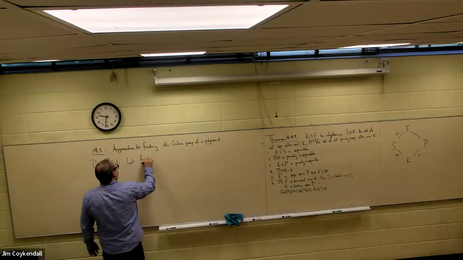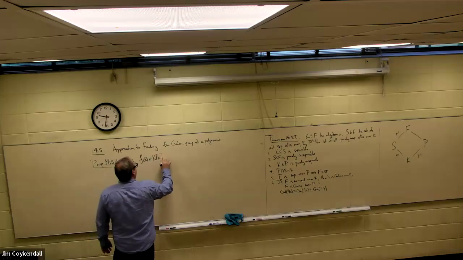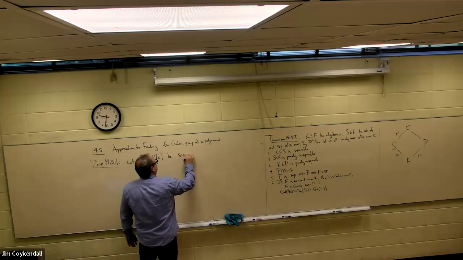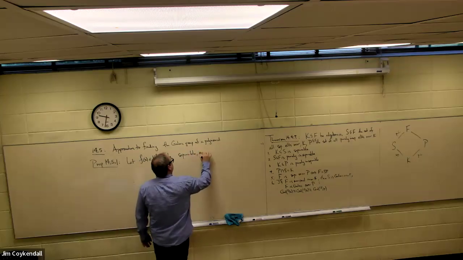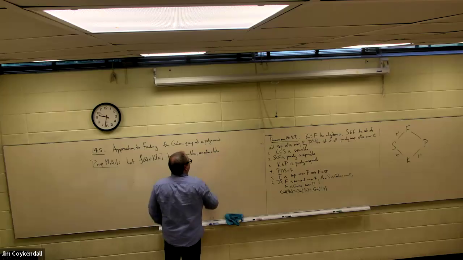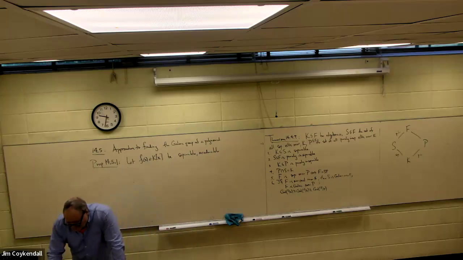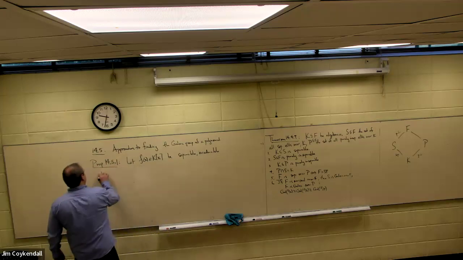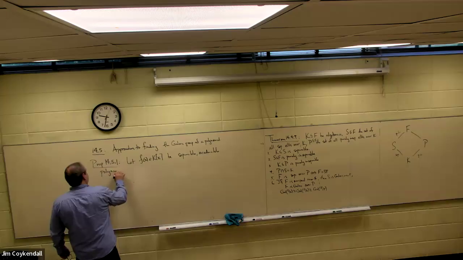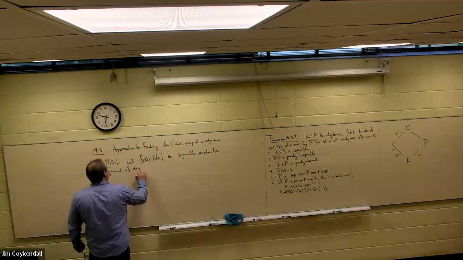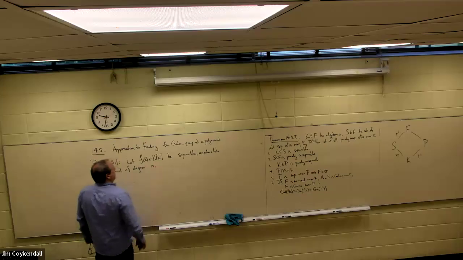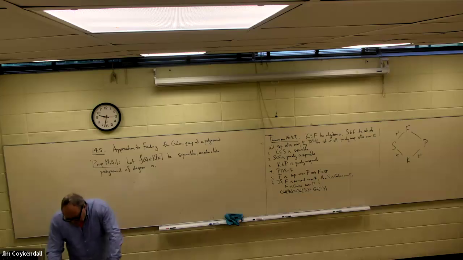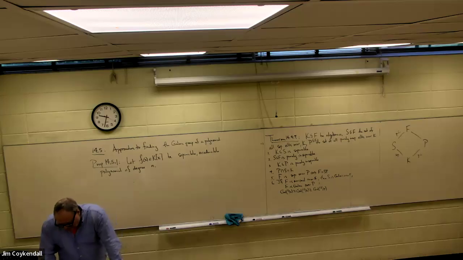Let f of x in K[x] be a separable, irreducible polynomial of degree n. Then the splitting field of f is a Galois extension of K.